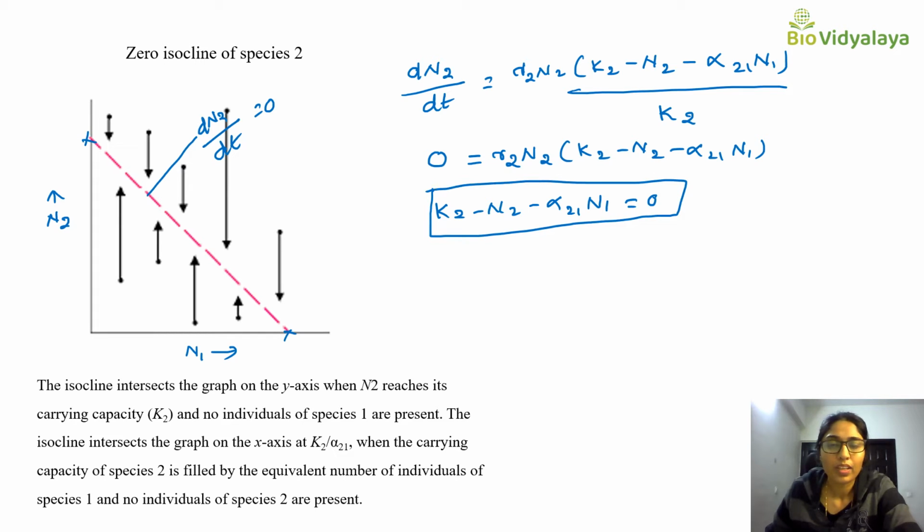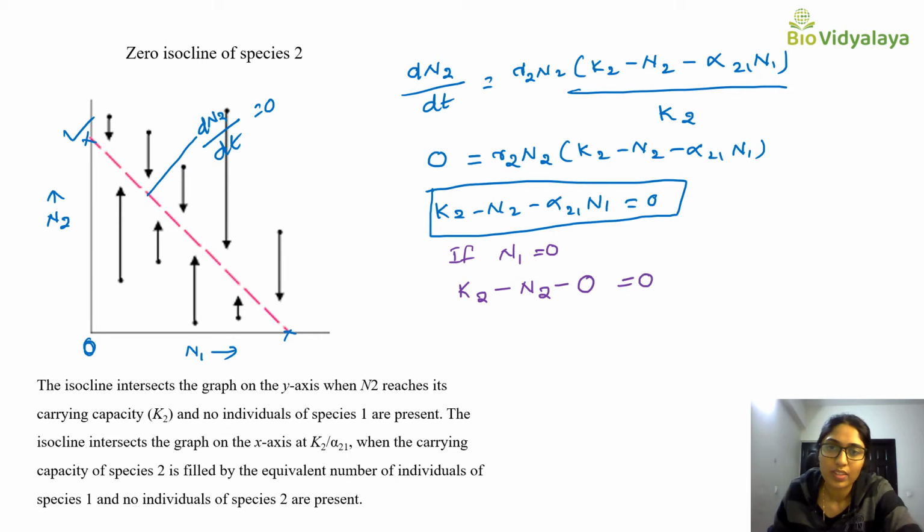If N1 is equal to 0, then what will be N2? That means this point. If N1 is equal to 0, then K2 minus N2 minus 0 is equal to 0.